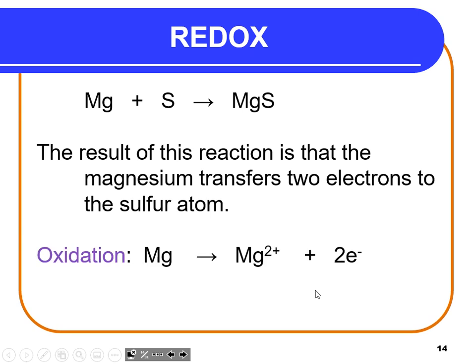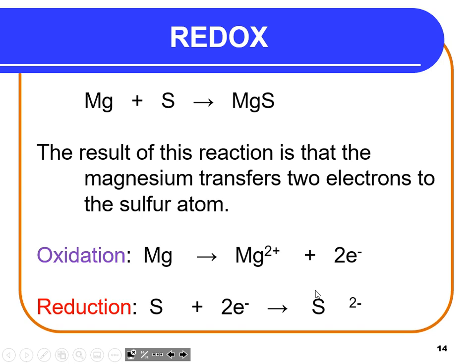So, if I look in terms of my half reactions here, magnesium yields magnesium 2 plus 2 electrons. So magnesium is losing 2 electrons. Losing electrons is oxidation. If I look at sulfur, sulfur is gaining 2 electrons. Gaining electrons means that we have reduction.